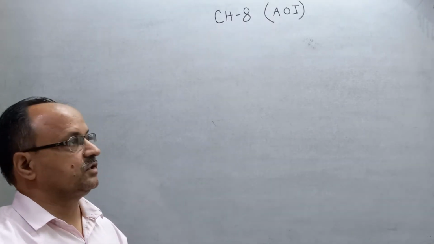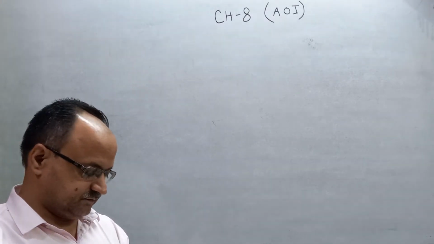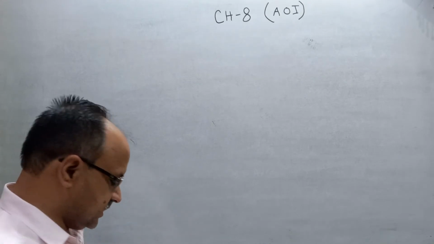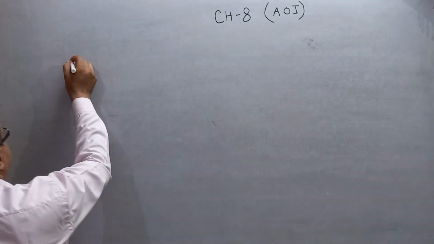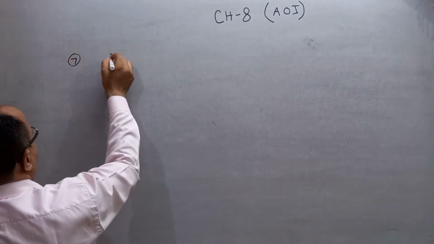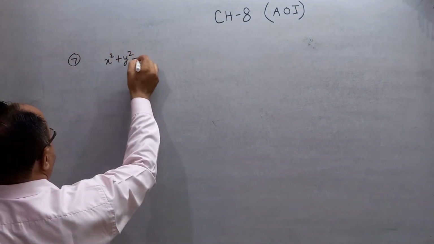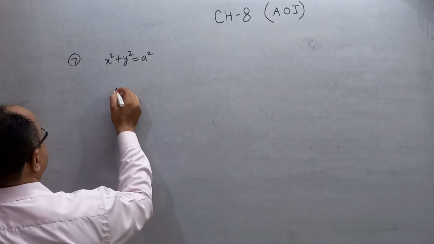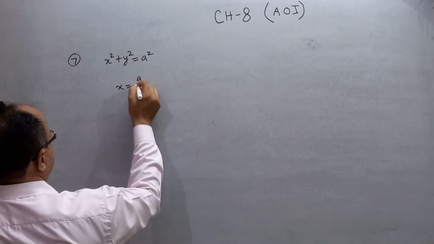Next, question number 7. Find the area of the smaller part of the circle x square plus y square is equal to a square, cut off by the line x is equal to a by root 3.